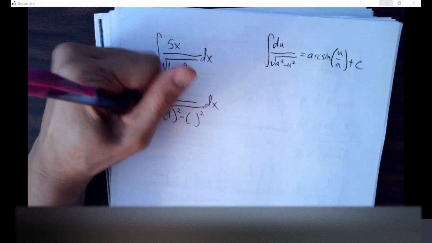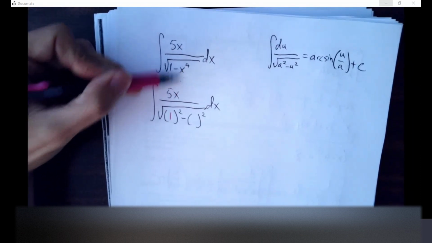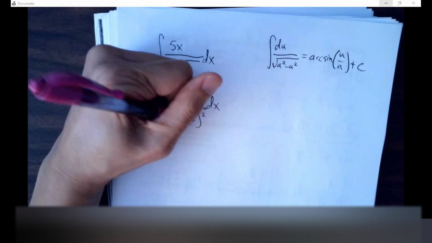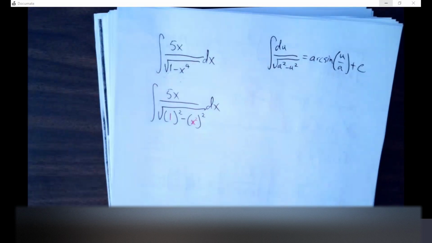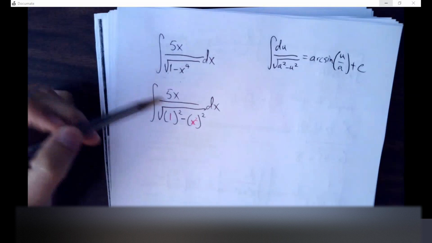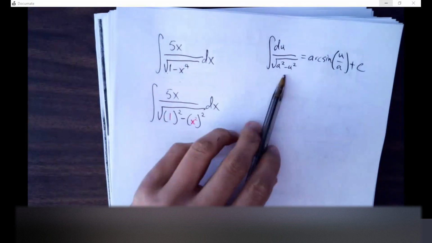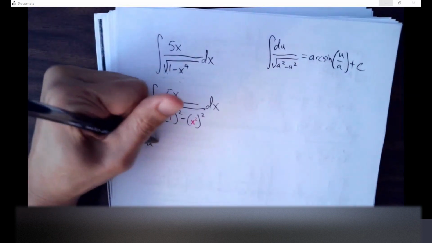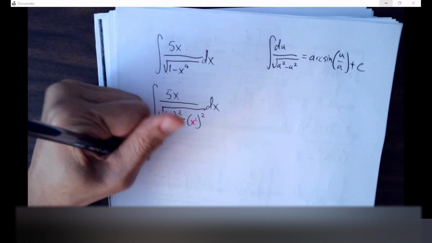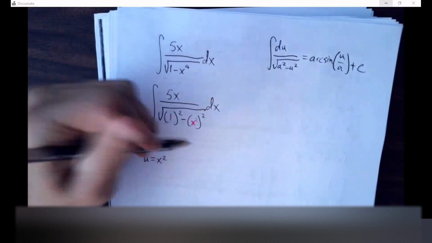So the first one is pretty obvious. 1 is still 1 squared, so nothing changes here. But x to the 4th, I've got to force it as x squared in here. And now I can pinpoint my a and u value. A is 1, u is x squared.